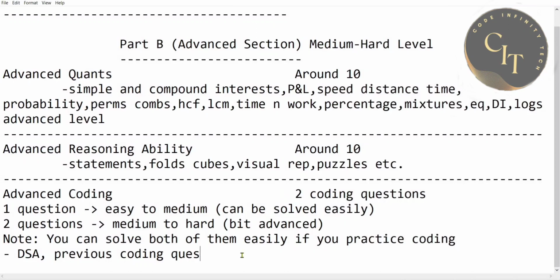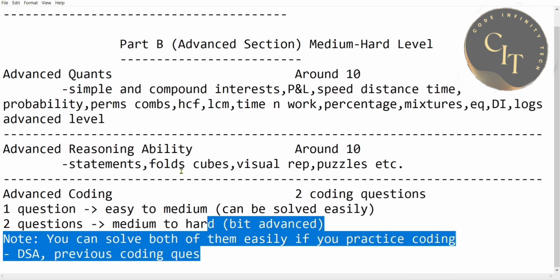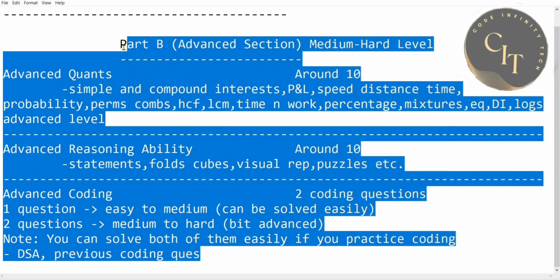So please try to practice coding questions based on the previous question papers, and mainly focus on DSA, so that you can get through this coding round easily. That's all about the pattern of the TCS NQT test and the important topics. First please practice these topics, and later if any topics remain, you can search on the internet and practice them.